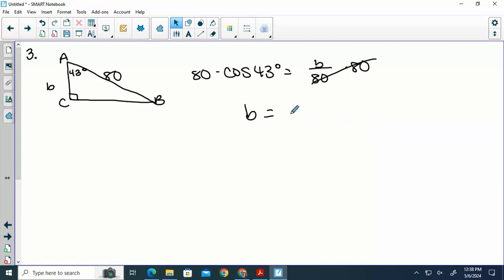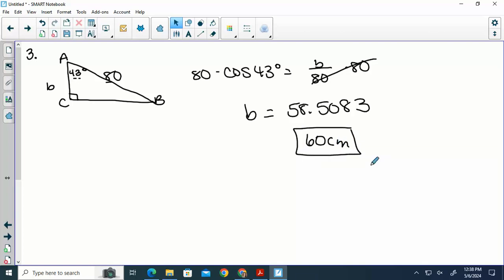So we get 58.5083. But it said significant digits. So if I'm looking, 43 is 2, but 80 is how many significant digits? 1. So this would round all the way up to 60, just because I said go to significant digits.